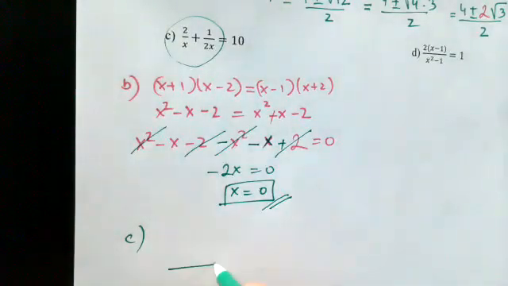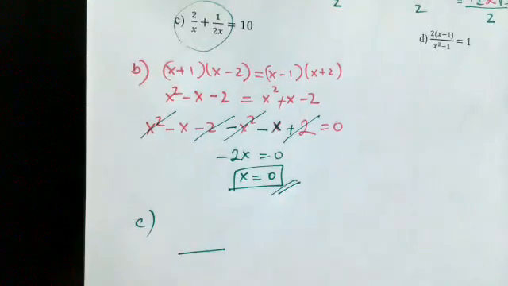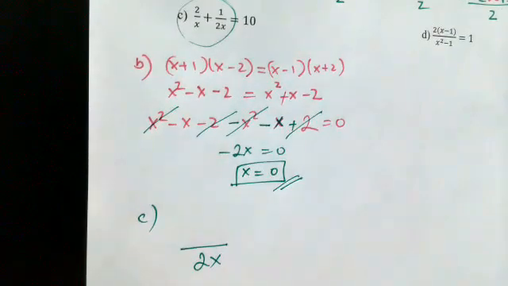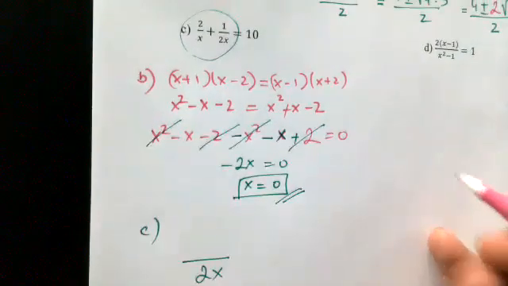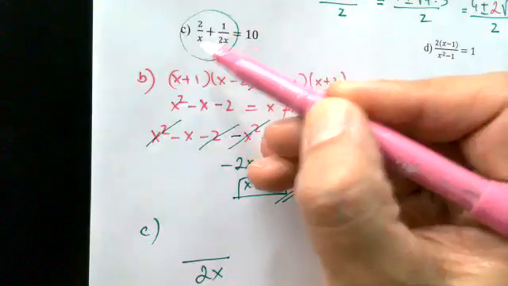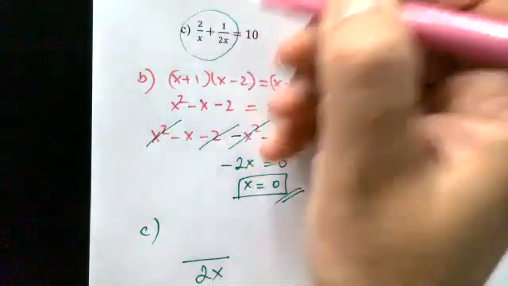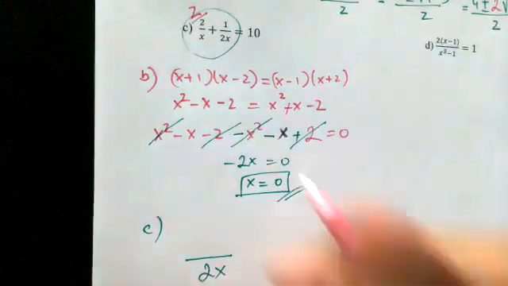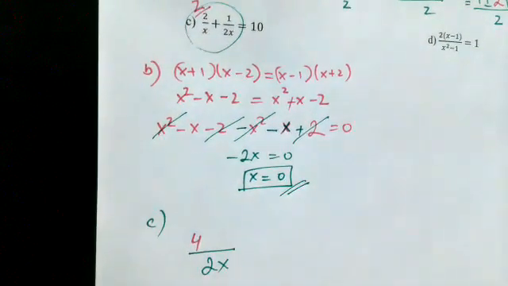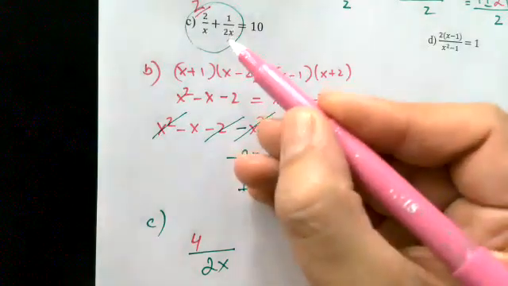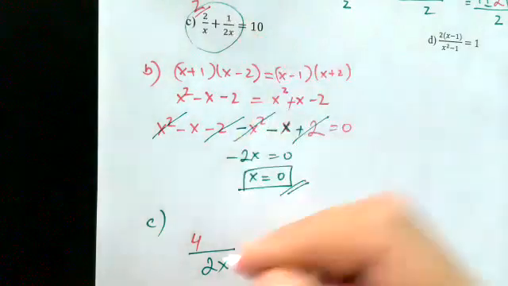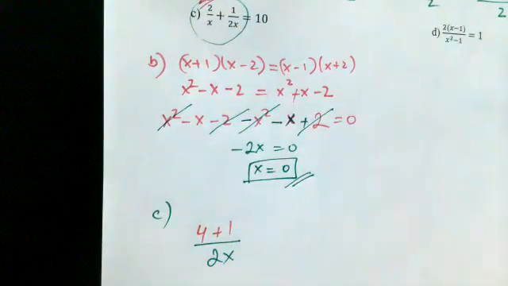So let's find the common denominator between x and 2x. 2x. And then here, I didn't have 2 in the denominator, so I will have to multiply by 2 in the numerator. So it will become 4. The 2x was there in the second fraction, so I don't have to multiply by anything. So plus 1.